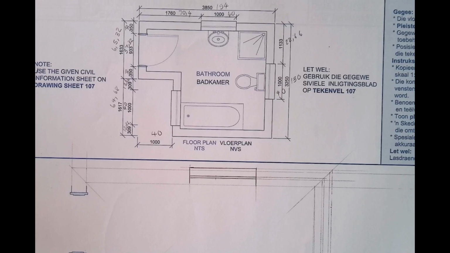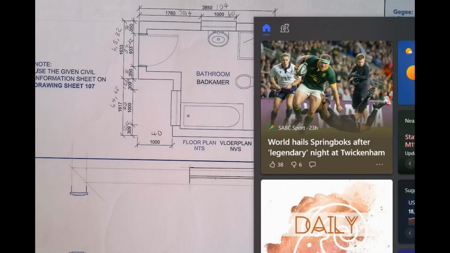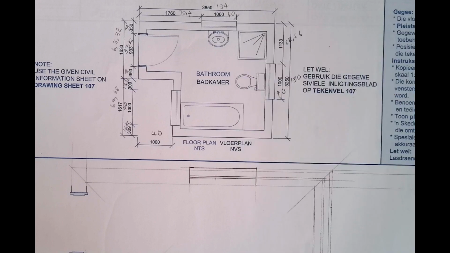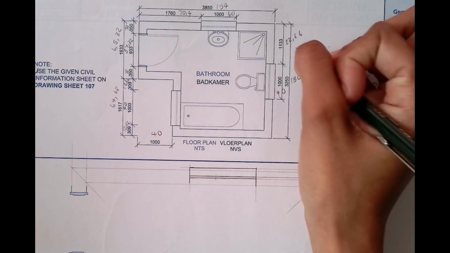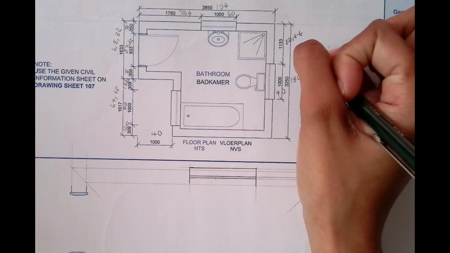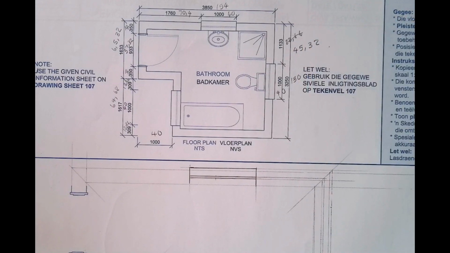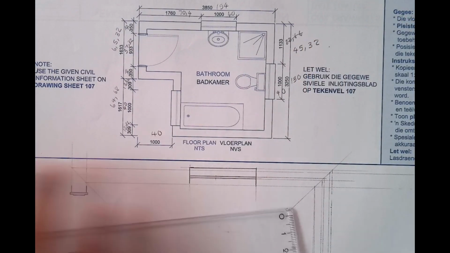Let me double check. 113 divided by, 113 divided by, oh, it's 45.32. Yeah, makes so much sense. 45.32. That's too close.